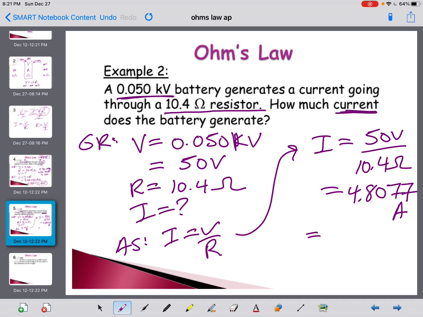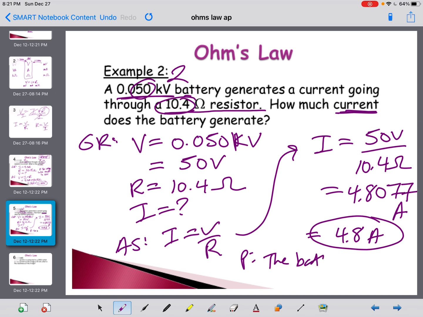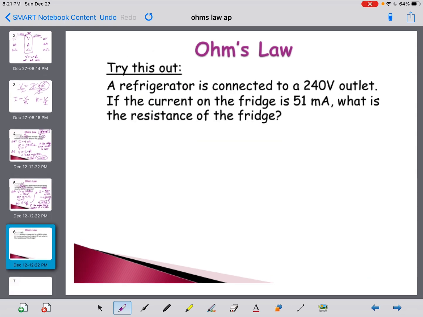So for significant digits, our voltage value has 2 sig figs. The ohm value has 3. So we need this to 2, which is 4.8 amps. So the battery has a current of 4.8 amps.